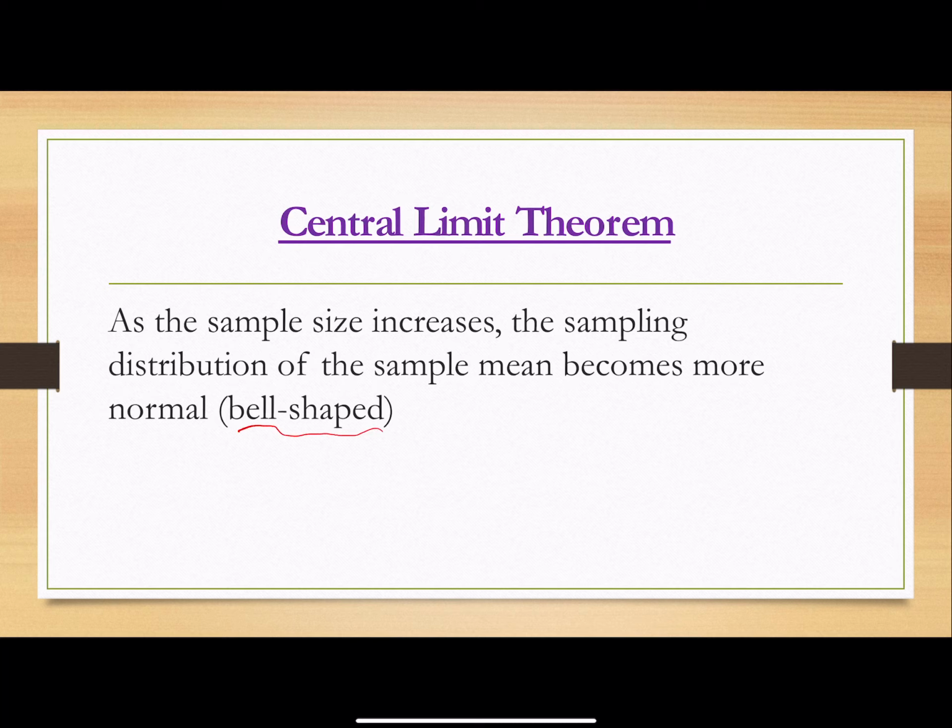I told you earlier that the normal distribution, the bell shape, was something that we were going to see pretty often, and one of the reasons we see it so often is this theorem. Even if you start with something strange, if you take large sample sizes and repeat that, you can get something that looks bell-shaped.